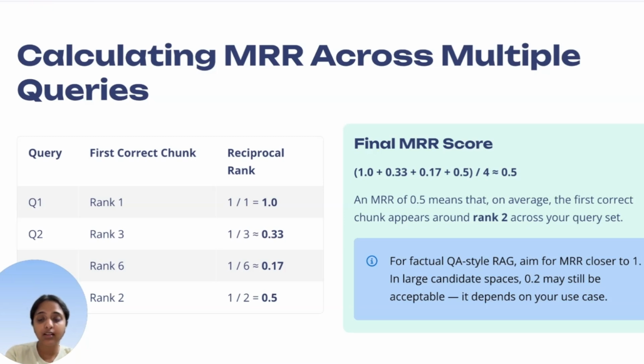It was not ranked 1, but it was not ranked 4 either. In a production system, we always prefer MRR to be closer to 1. Sometimes it can be 0.2, but it depends on what kind of use case we are talking about.